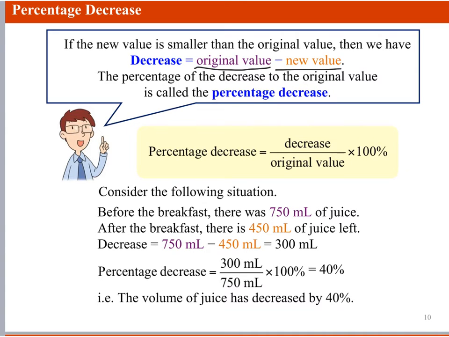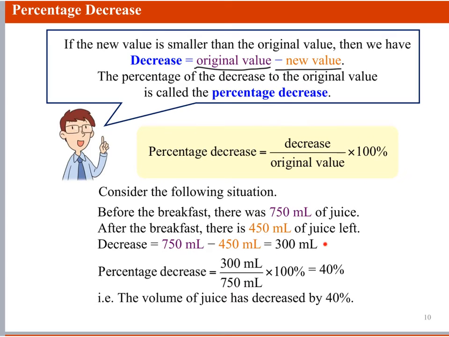We put the decrease on top and the original value at the bottom, times 100%. Let's see this example. Before the breakfast, there was 750 ml of juice. After the breakfast, someone drank it, so there is 450 ml of juice left.